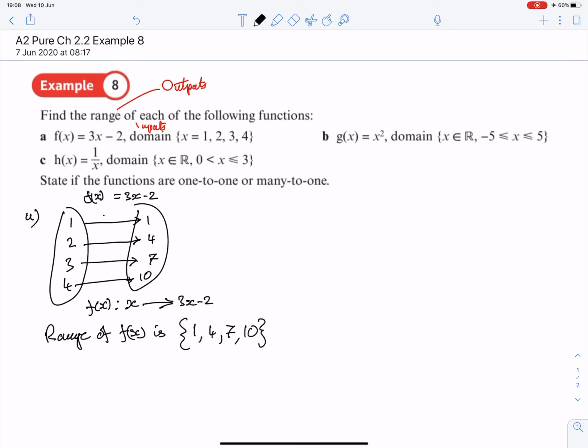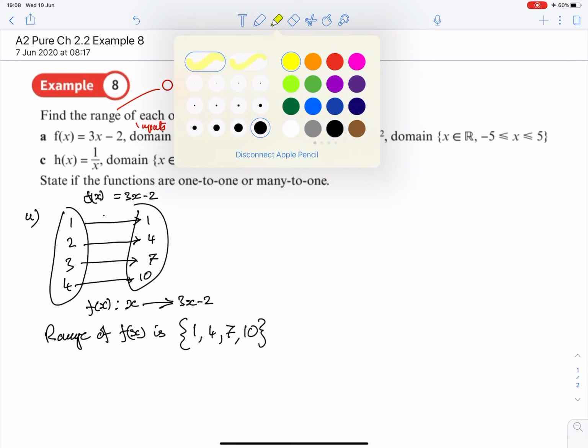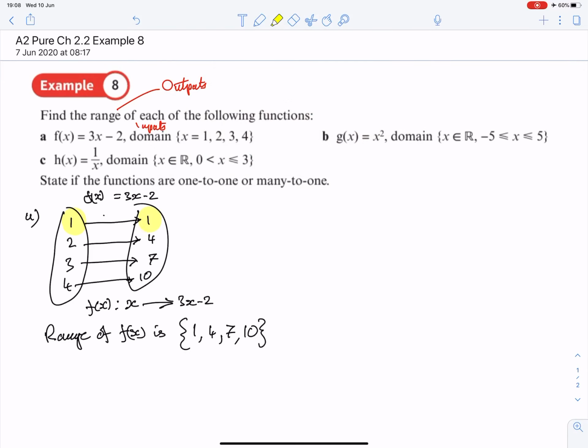So that is part A. We're also asked to state whether the functions are one-to-one or many-to-one. Well, we can clearly see here, I hope, that each input has its unique output. So that means the mapping will be 1 to 1. Part B.